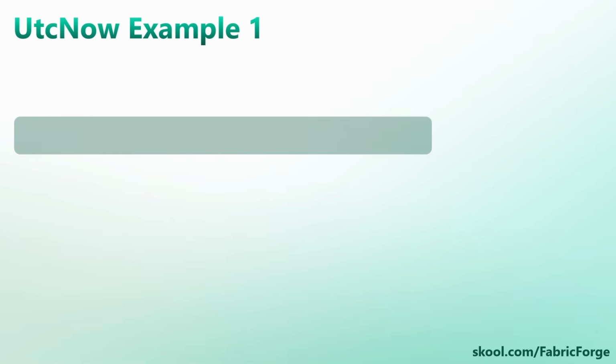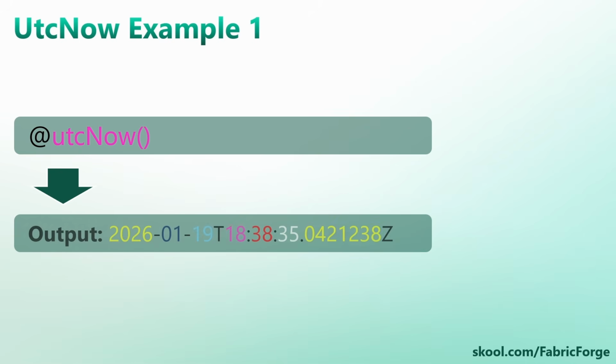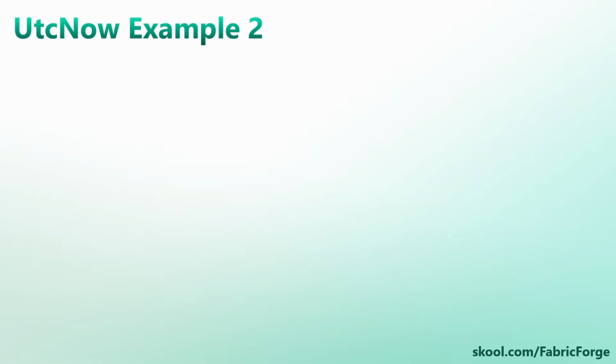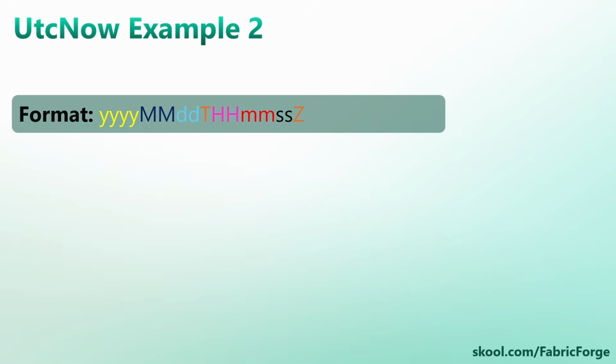The syntax for this function is very easy if we do not provide any format as parameters, since it is an optional thing to do. When running this function without any formats, we get that timestamp in that ISO standard format. Now let's do another example, but now let's provide a format for the UTC-now function.